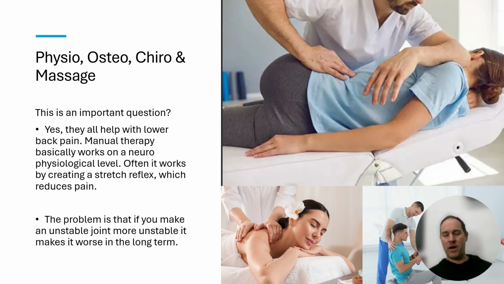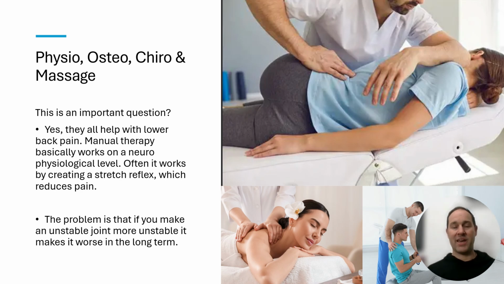Now, here comes the crux of the problem. If you are specifically talking about a discogenic pain, when you have a discogenic pain, there is an unstable joint normally. Having a bulging disc creates a degree of instability. If I manipulate that joint to relieve the spasms that are causing pain, there is a benefit in the short term of doing that.